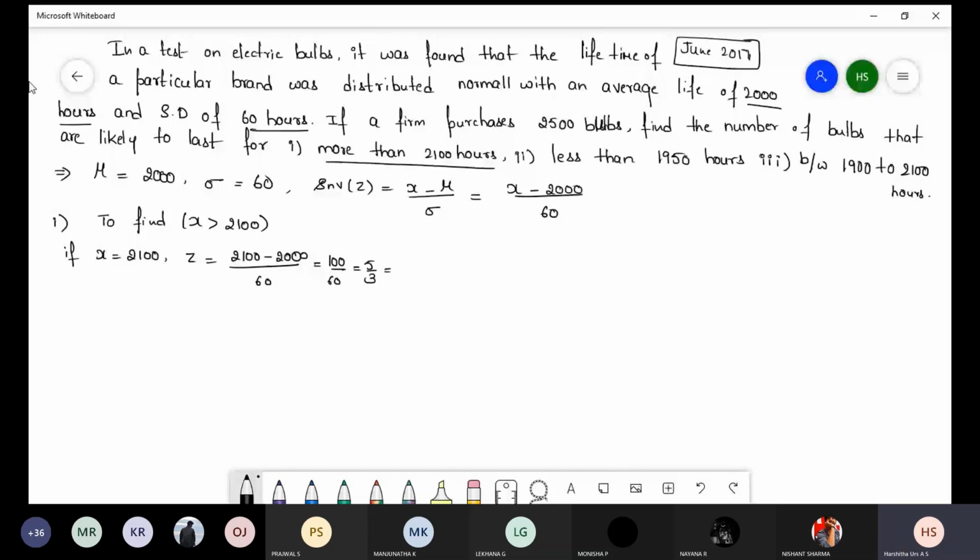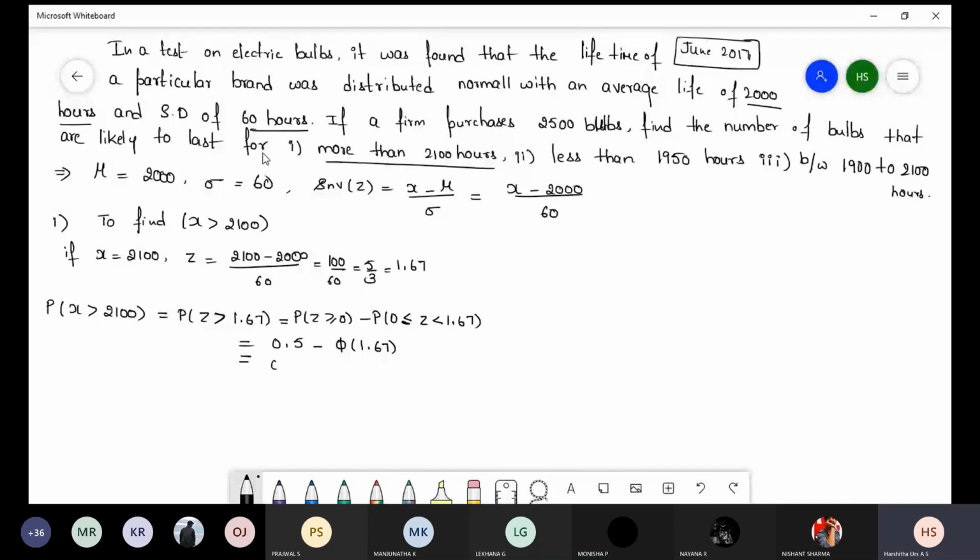Now P of x greater than 2100 we can write as P of z greater than 1.67. That is P of z greater than or equal to 0 minus P of 0 less than z less than 1.67, because here only greater than is there. P of z greater than or equal to 0 means 0.5, the general value. Minus the value for 1.67, which is 0.4525.